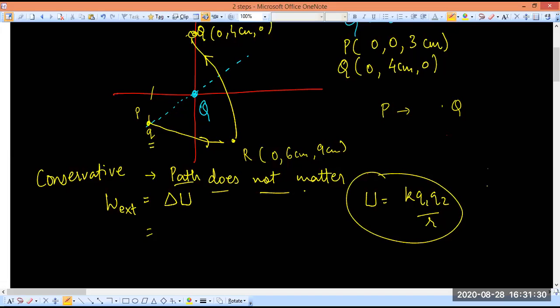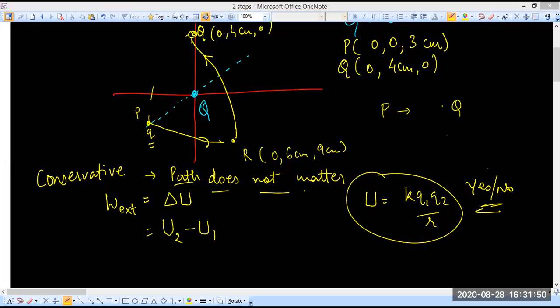Yes or no? Is everyone okay with this formula? Fine, fine. So you could use that, right? U2 minus U1, final minus initial, right?